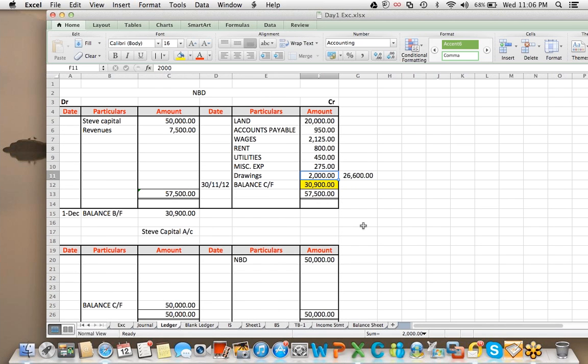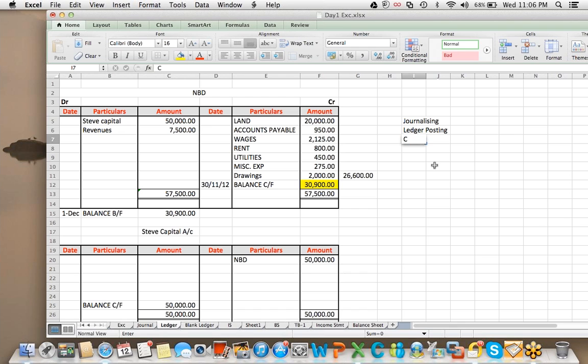NBD credited 2000. Now, what we have done so far is journalizing the transactions in the ledger. Next is ledger posting. We have done ledger posting.